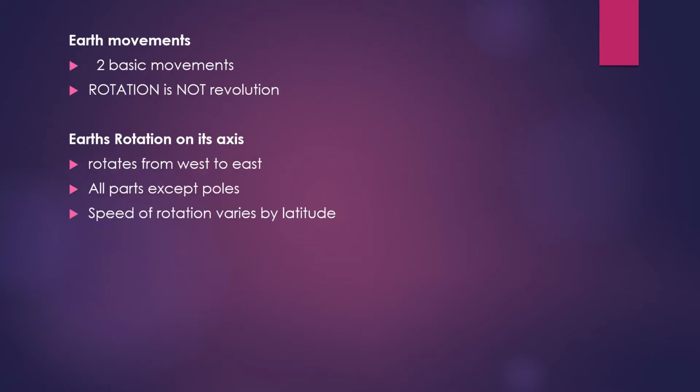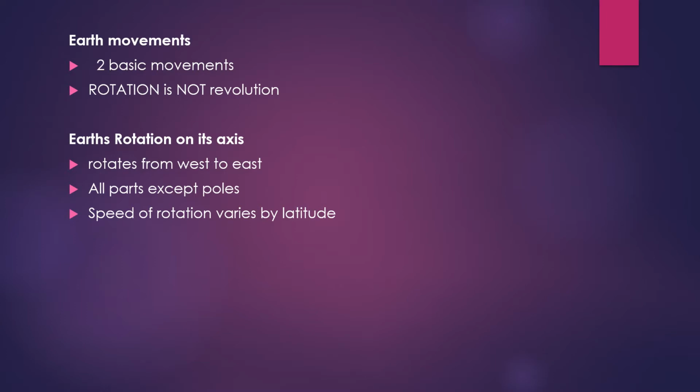You have two basic movements, rotation and revolution. The earth rotates on its axis, and one full rotation takes 24 hours. The earth revolves around the sun, and one full revolution takes 365 days. So the earth is rotating on its axis and revolving around the sun at the same time.